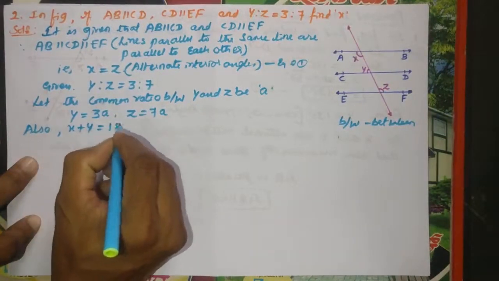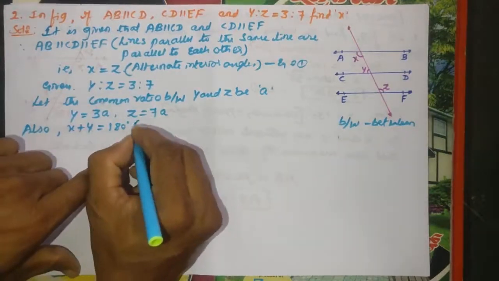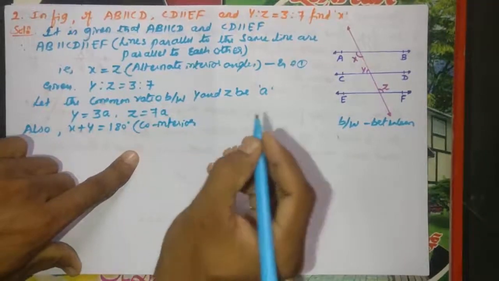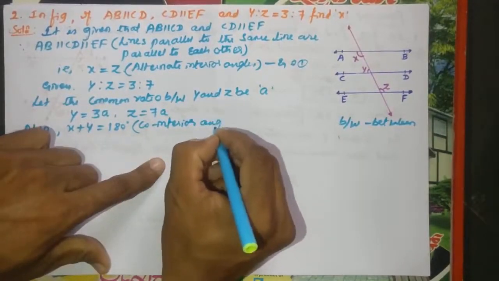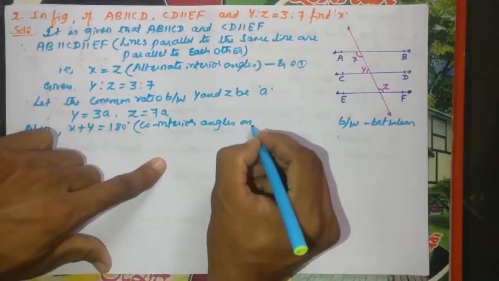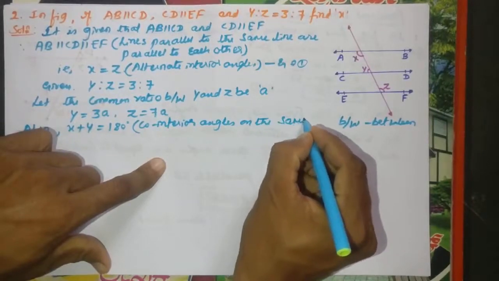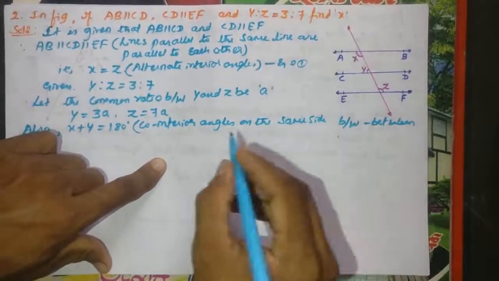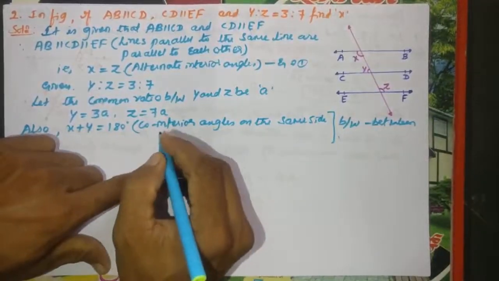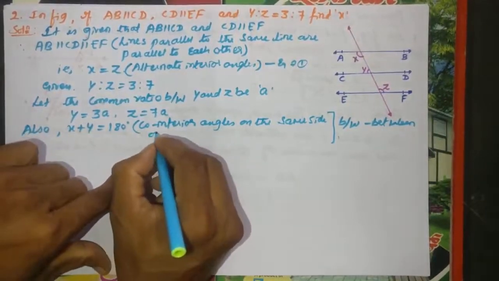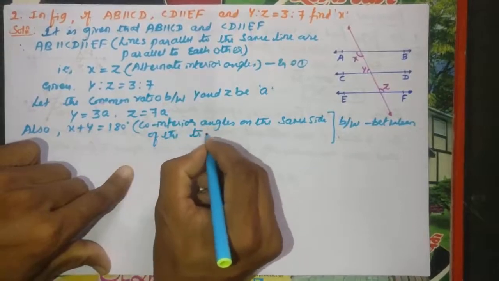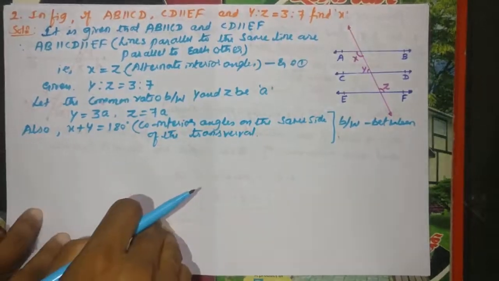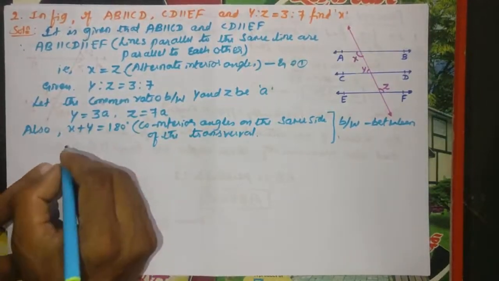In bracket I will write co-interior angles on the same side of the transversal.